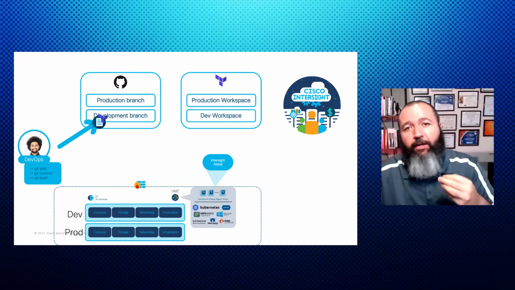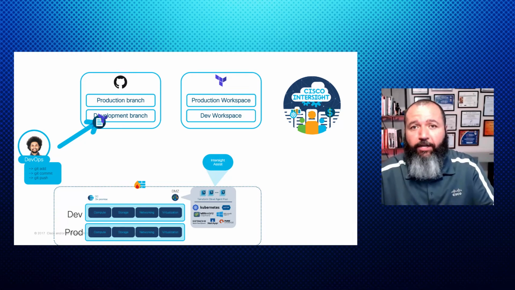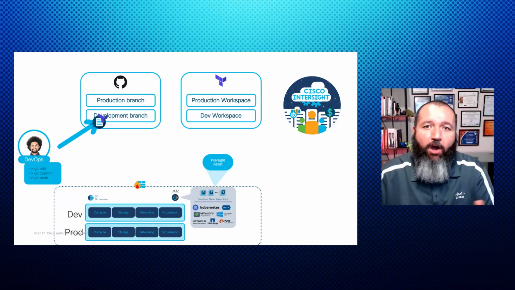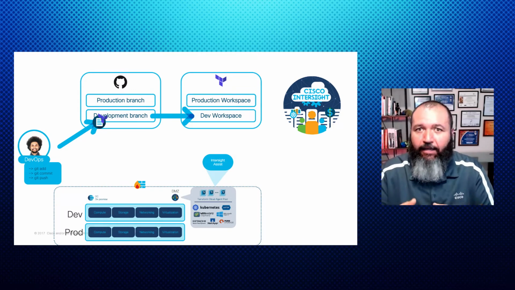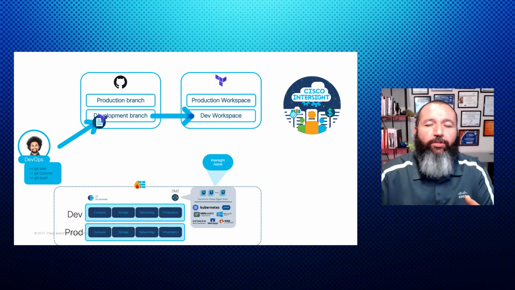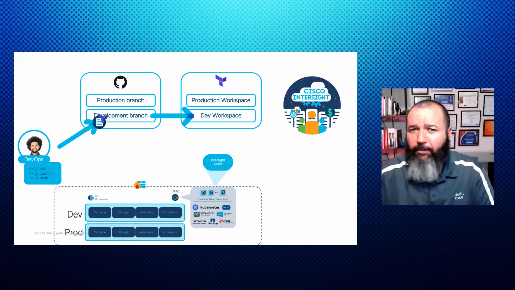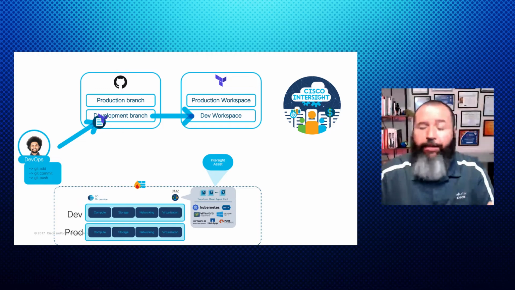As soon as the development branch has a new version of the code, Terraform Cloud will pick it up. This will trigger it to create a Terraform plan and a Terraform apply. As soon as this plan is okay and an administrator or operator accepts the apply, Terraform Cloud will trigger this plan to Cisco Intersight.